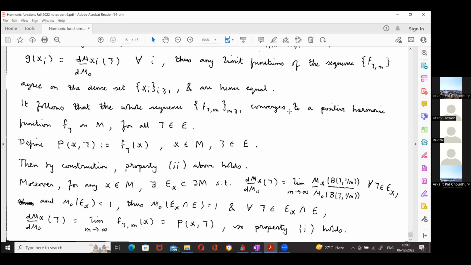So the whole sequence converges uniformly on compacts to a positive harmonic function, which we can call f sub xi.